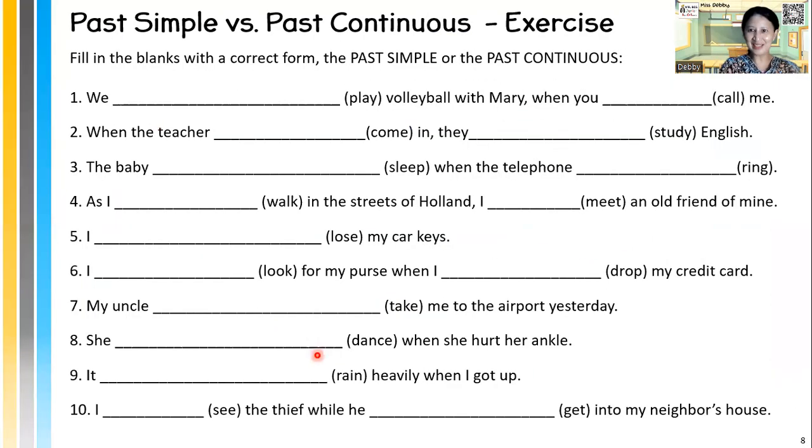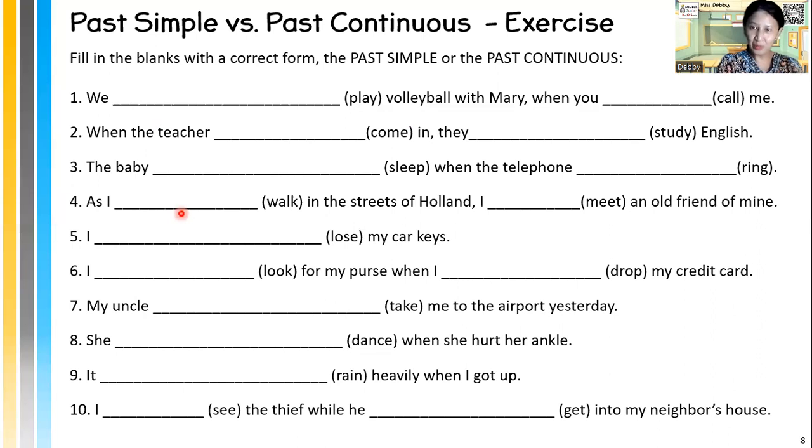Ready for some exercise? Fill in the blanks with the correct form, the past simple or the past continuous. Number 1: we play football with Mary when you call me. Which one is the past simple and which is the past continuous? The longer action is the past continuous.